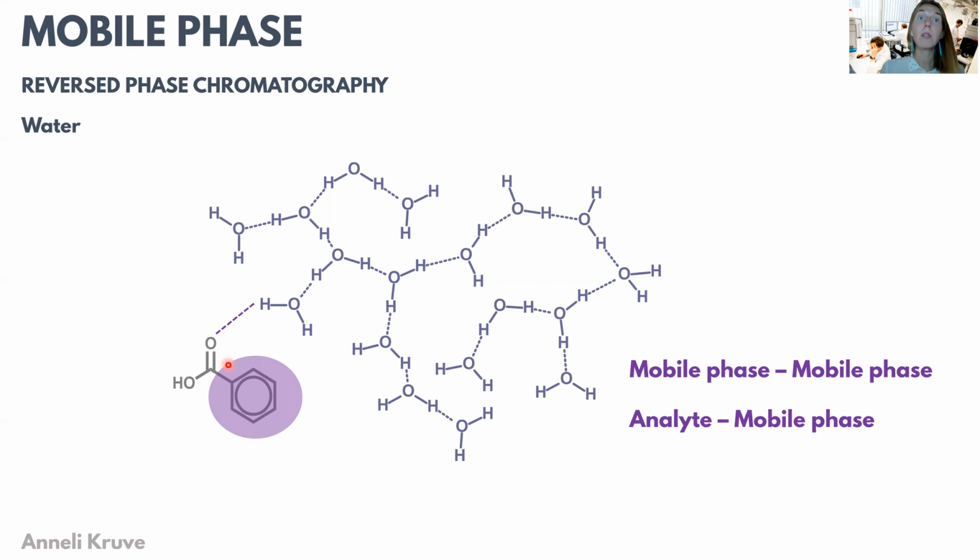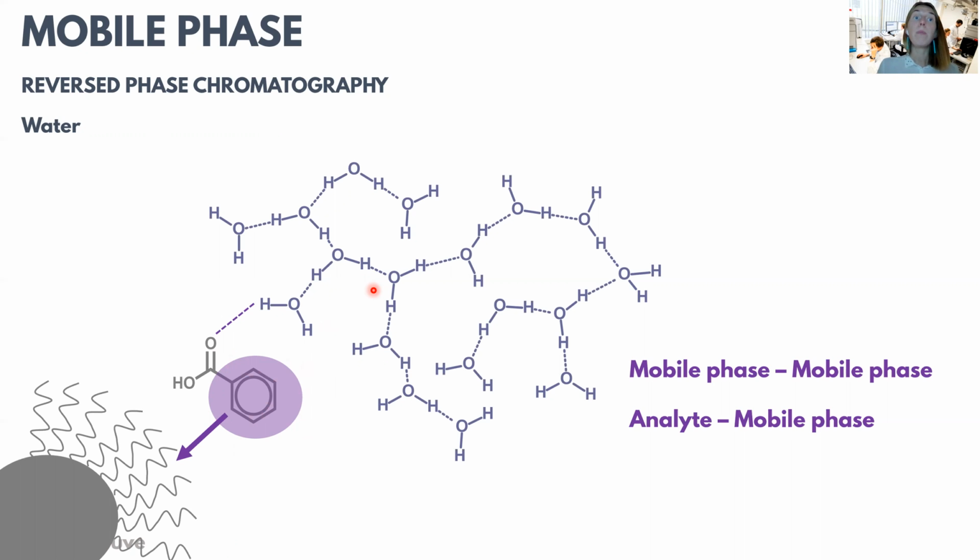However, if there are some more hydrophobic moieties in the molecules, or they are not really very polar, then it would be very, very hard for these analyte molecules to compete with the extensive hydrogen bonding network of the water. So they would be very strongly pressed to the stationary phase.